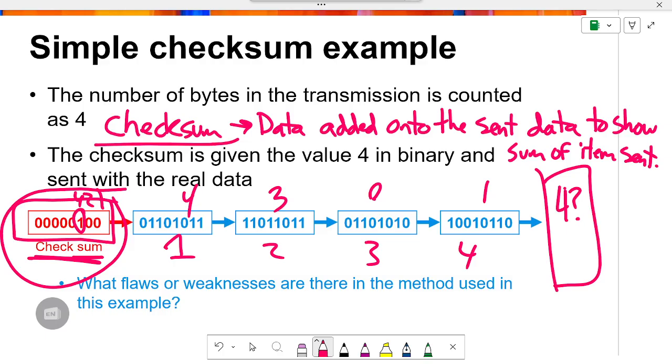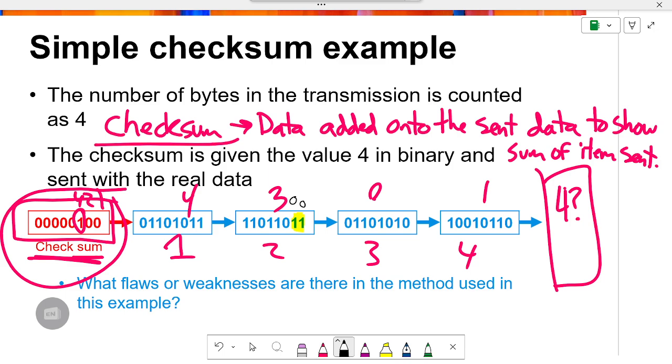Can you think of any flaw or weakness in this method? Is this a good error checking method, or can this have some mistake there, Carol? What do you think? Let's say I have a question for you, Carol. Let's say I have this data, but these 2 bits become 0, 0.